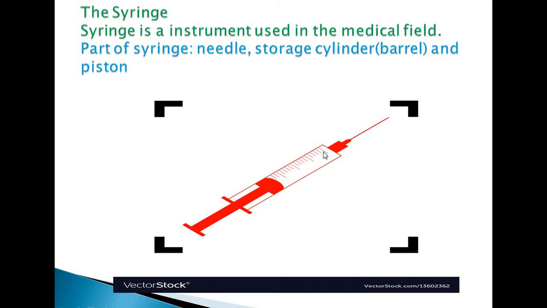Okay, look at this diagram. There is a needle, there is a storage cylinder which is called the barrel, and this is a piston, and it is the piston handle. There's a different medical term, but here we just call it piston.